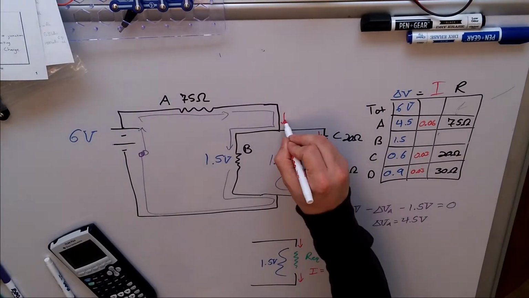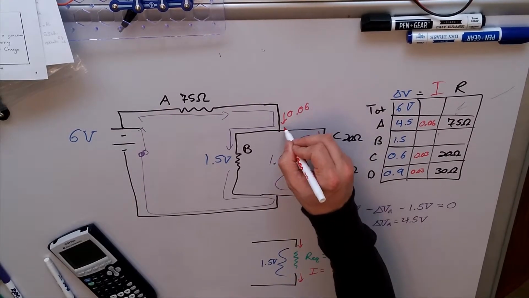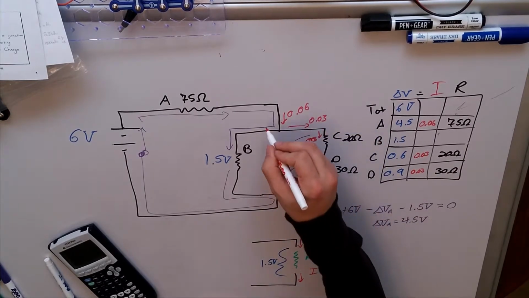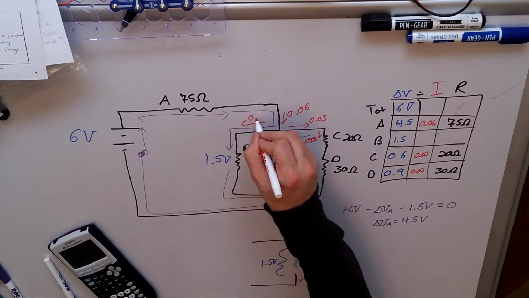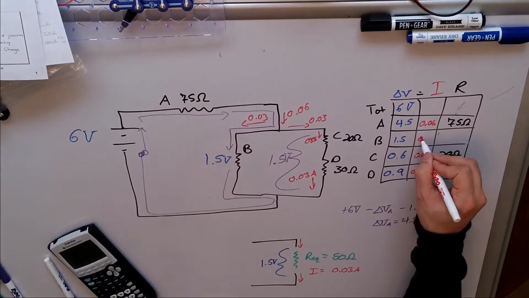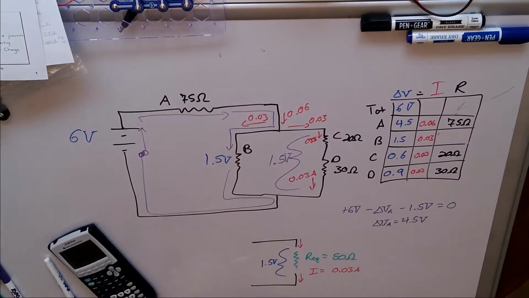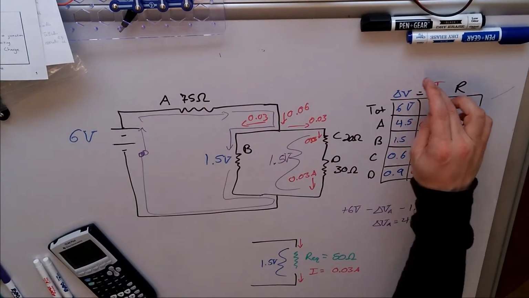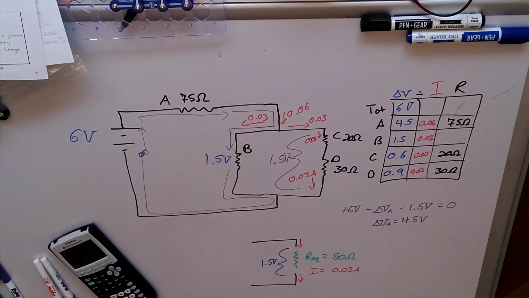Well, we've got 0.06 going in here to this junction, and we know that 0.03 is going this way, which means by the junction rule, 0.03 has to be going the other way. And when I multiply this across, delta V equals IR.